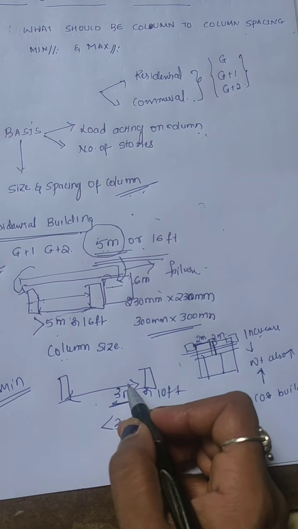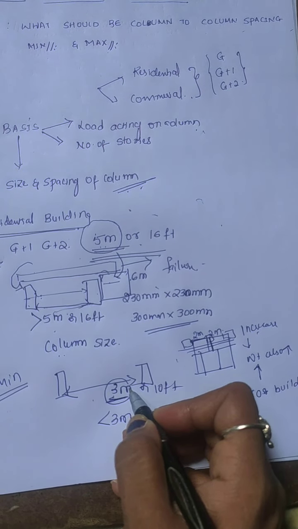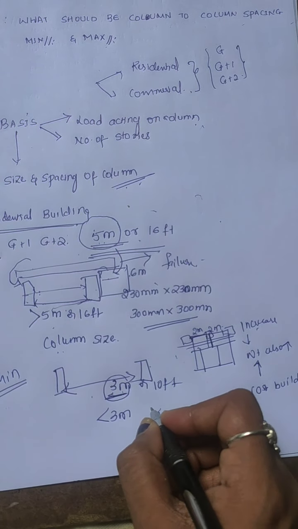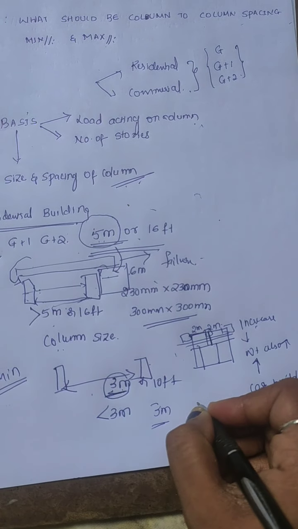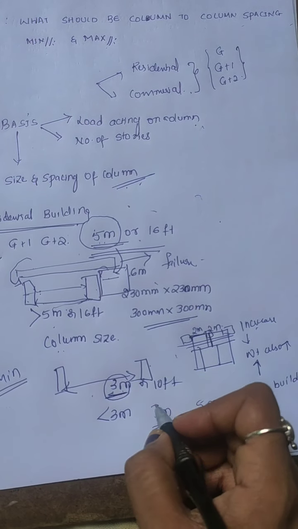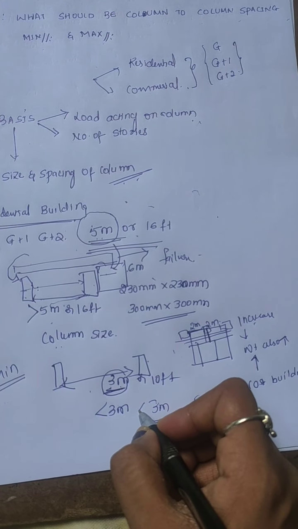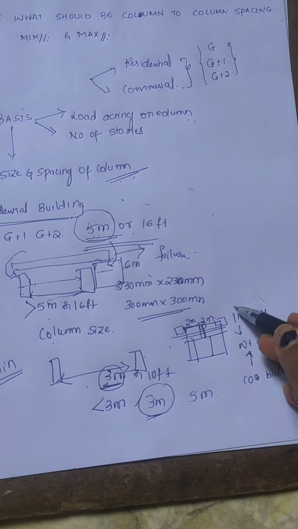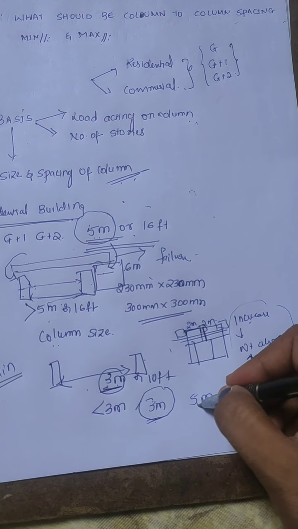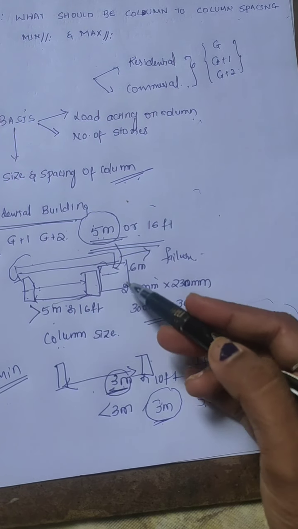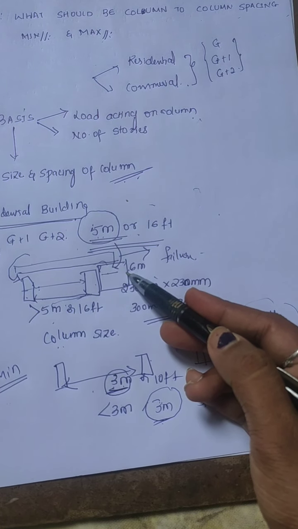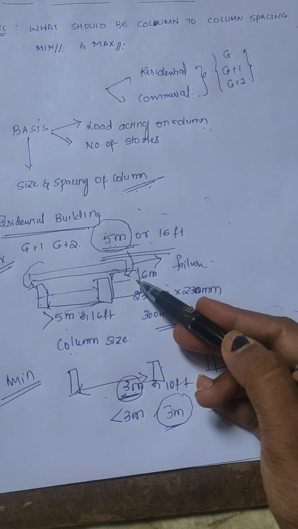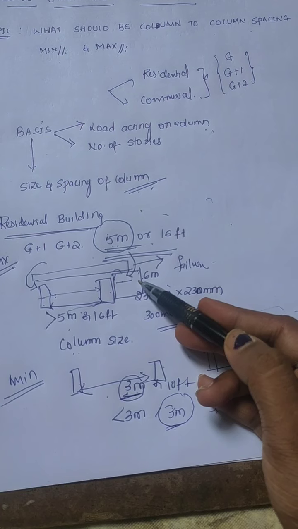So it should not usually be lesser than 3 meter. The minimum distance between two columns should be 3 meter, and the maximum is 5 meter. If it is lesser than 3 meter, the number of columns increases. If it is greater than 5 meter, then you need to increase the size of the column, which in turn increases the cost of the building and may affect the economy of the building.